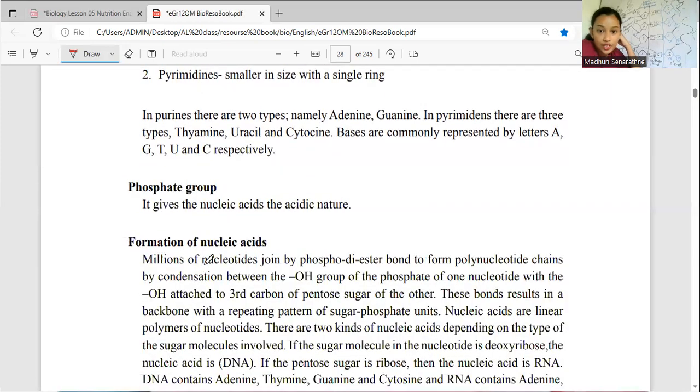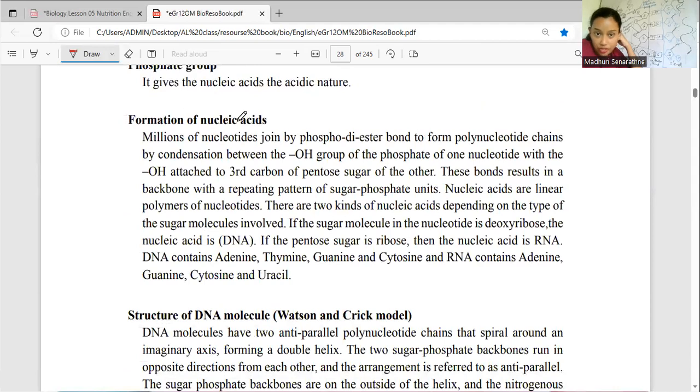Then formation of nucleic acids. Today our topic is actually formation of nucleic acids. And finally we have to discuss the Watson-Crick model of DNA. Millions of nucleotides, like ribonucleotides and deoxyribonucleotides, are joined by phosphodiester bonds to form polynucleotide chains by condensation between the OH group of the phosphate group of one nucleotide with the OH attached to the third carbon of the pentose sugar of the other.